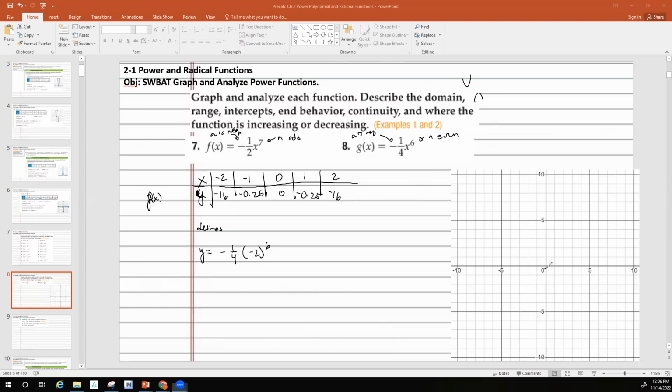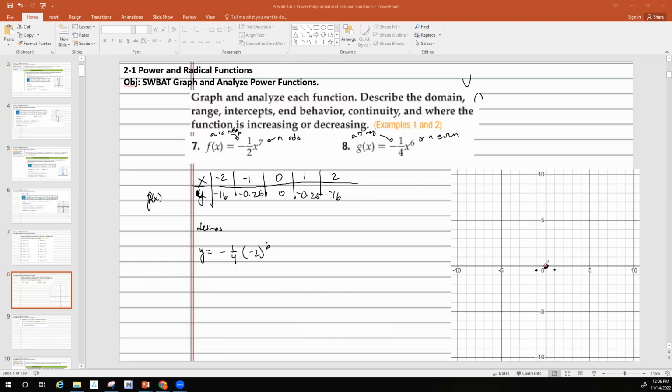So 0, we have 1, and negative 2.5, negative 1, negative 0.25, and negative 2 is all the way to 16. That one goes all the way off of the graph again.